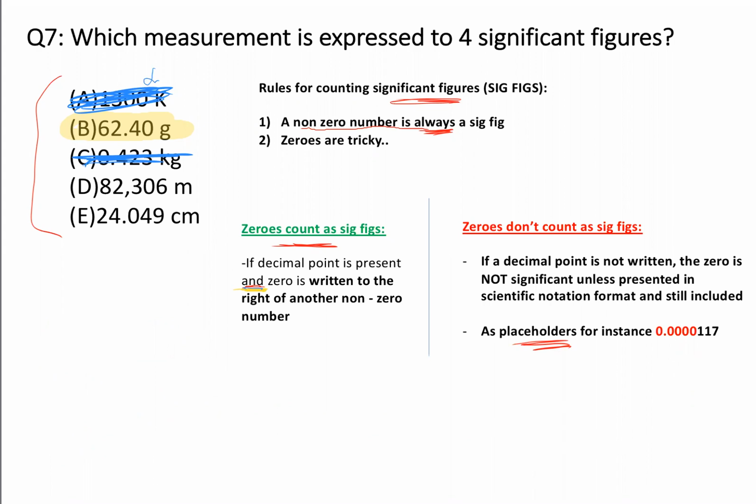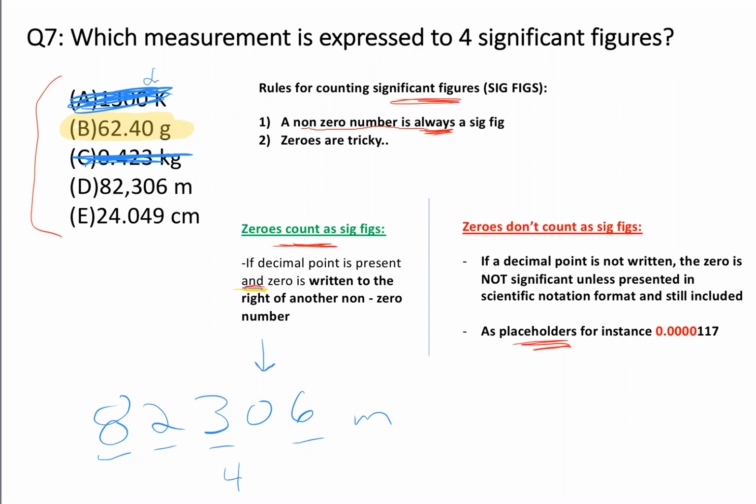What about 82,306 meters? Key in on the non-zero numbers first. There are at least 4 sig figs in this number. Okay, but what about the 0 right there?